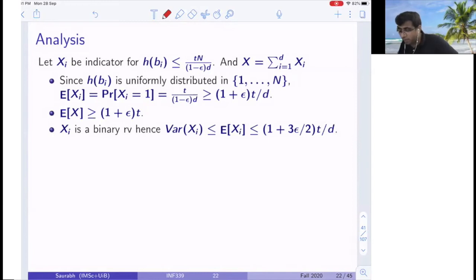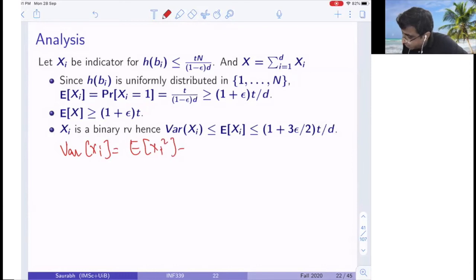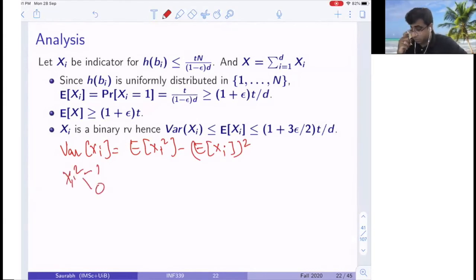The variance of xi is the expectation of xi squared minus the expectation of xi, whole squared. But what is the expectation of xi squared? Xi squared takes 1 or 0.